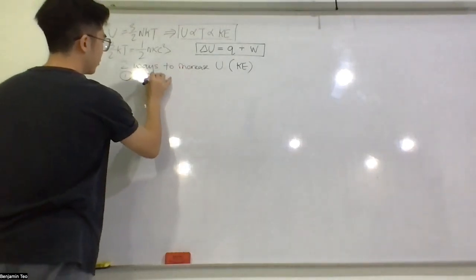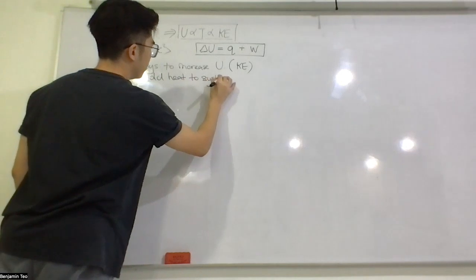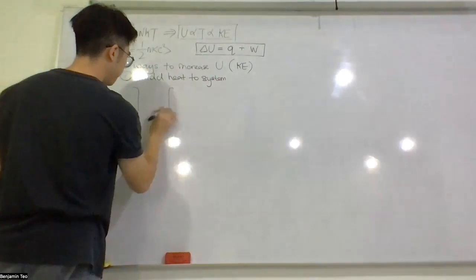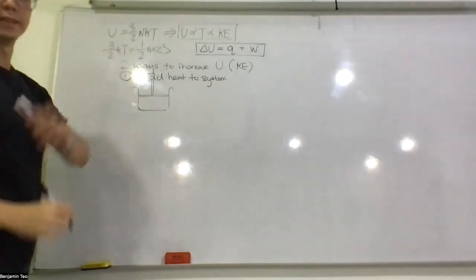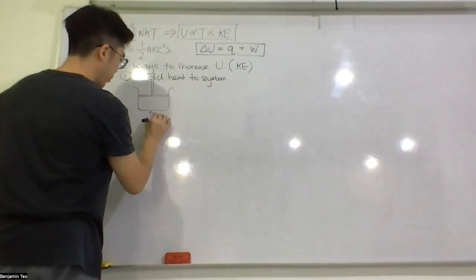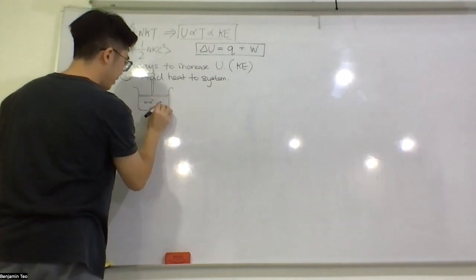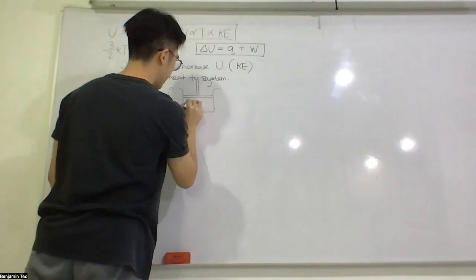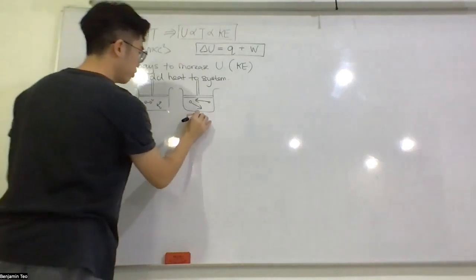So add heat to the system. When you add heat, you have to make sure that when you're heating it, you do not move the piston. You do not let the gas expand. Initially, the gas moves at velocity v. Then I heat it, you will see the speed start to increase only if you do not allow the gas to expand.